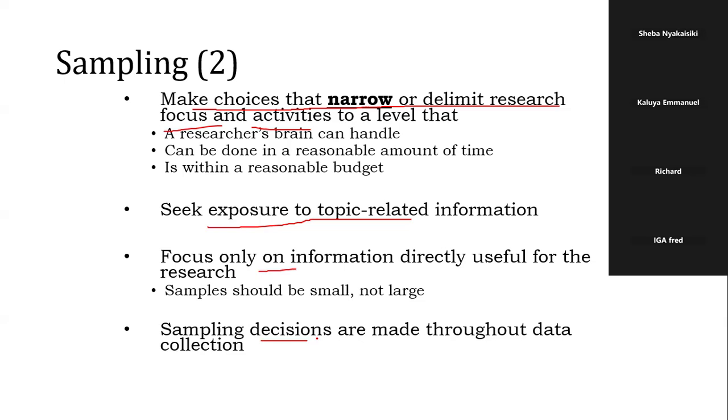It's almost like a chain. When I don't know, I'm going into a context, I don't know who has the information, but this individual will lead me to another person who will lead me to another. So take an example. If you're doing research, let's say on homosexuality in Uganda, you may not immediately know that I'm going to find a homosexual community in this context.